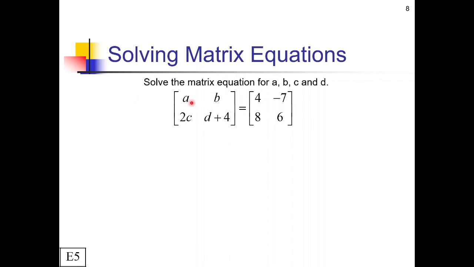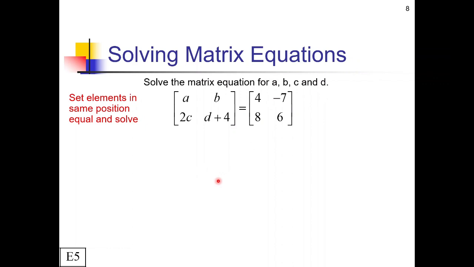So basically what that means is we have to set the elements in the same positions equal to each other and then solve each of those individual equations that gets generated. So for this problem, you ought to be actually creating 4 different little mini equations out of this and solving each of them. Pause the video and see if you can find the values of A, B, C, and D.